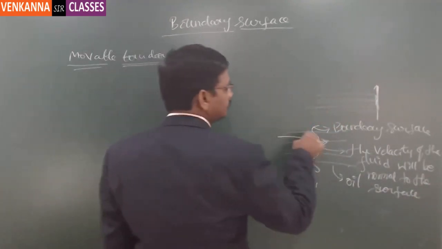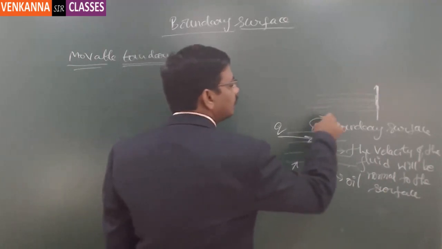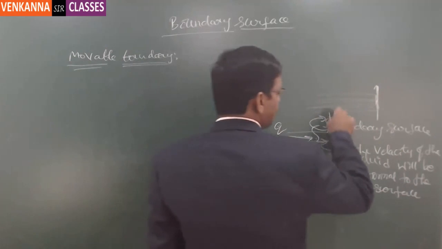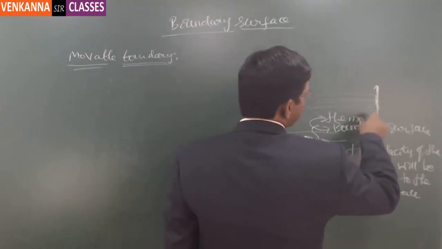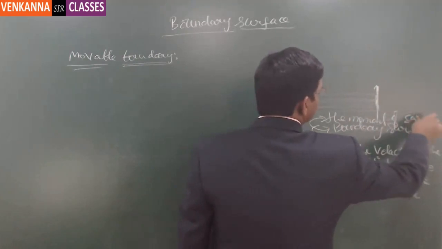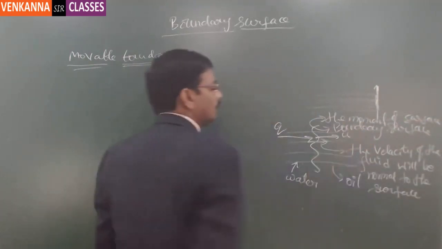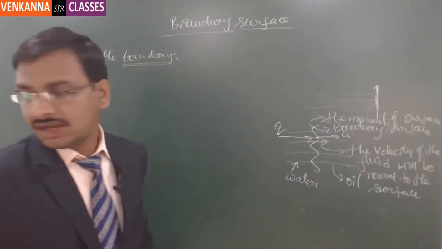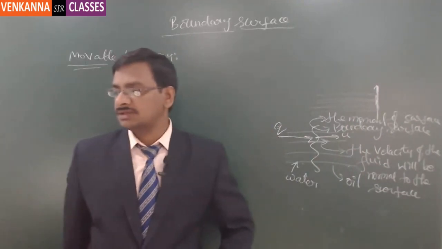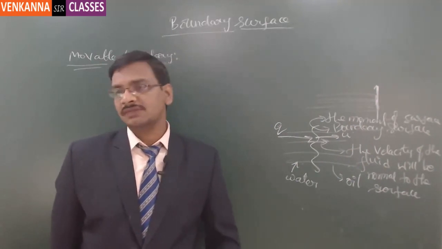Here there are two cases. One is the velocity of the fluid, another is the movement of the surface. Let us say the fluid is traveling with a velocity of q, and the boundary is traveling with a velocity of u.